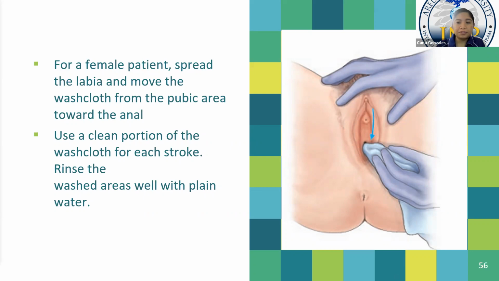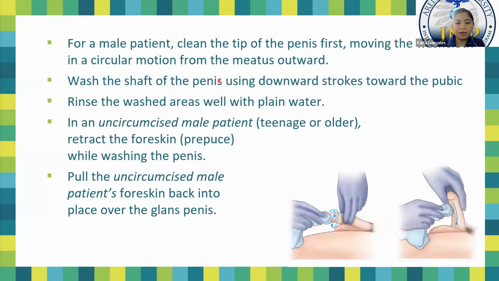For male patients, you have to clean the tip of the penis first. Using a circular motion, move the washcloth from the meatus outward. So from the tip of the meatus using a circular motion.